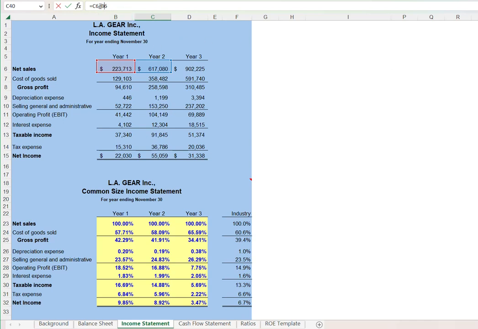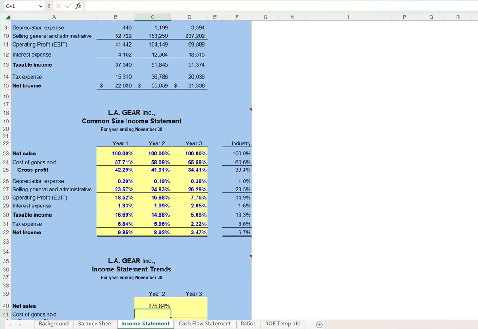So we're going to put a dollar sign in front of the B, because that way we'll always come back to year one as our base year. A dollar sign in front of the 6 will always be going back to... we don't want the dollar sign that time because we're going to want to trend each item separately. So again, we're always going to want to come back to year one. So there we go. Oh, one last thing we have to do.